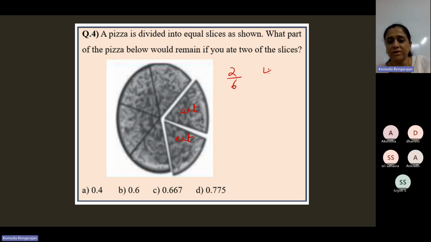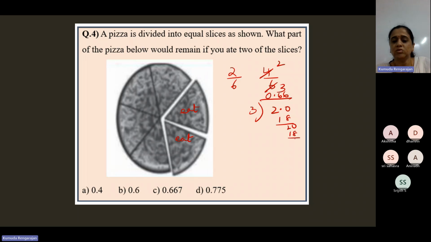So that means 4 by 6 is left. And what is 4 by 6? 2 by 3. And divide 2 by 3. 6 3s are 18. 2 remains, so 0.66.